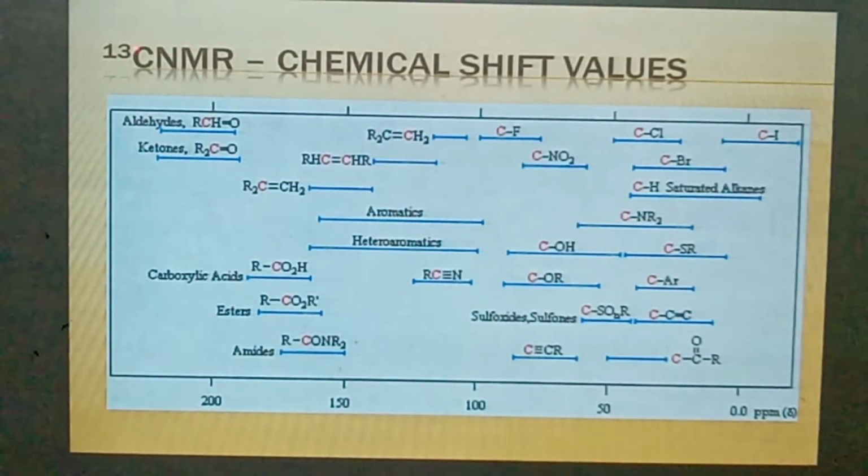And next, if we go for C13, the range is between 0 ppm to 200 ppm. Here, instead of the hydrogen atom in proton NMR, we should imagine the carbon atom. Here the instrument is measuring the carbon atoms present in alkyl groups, CH2 groups, and alkene carbon, alkyne carbon, and then aromatic and heteroaromatics, and functional group containing carbons, and then quaternary carbons and ketone containing compounds.